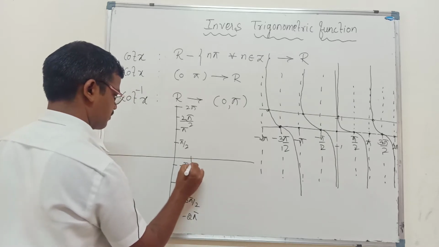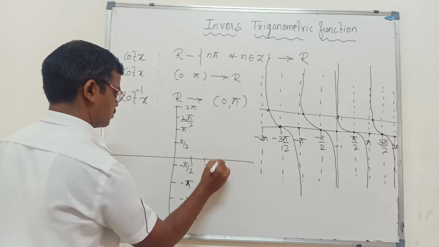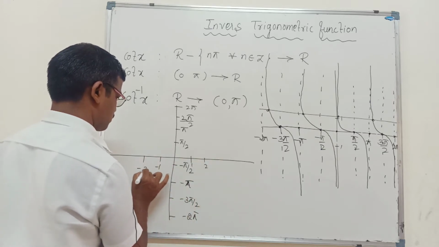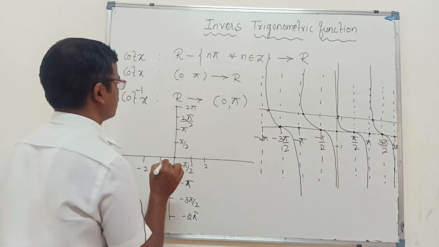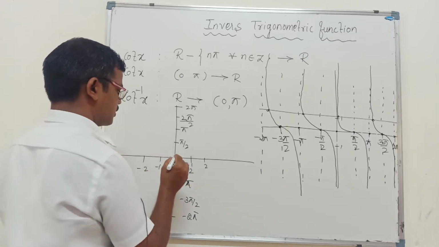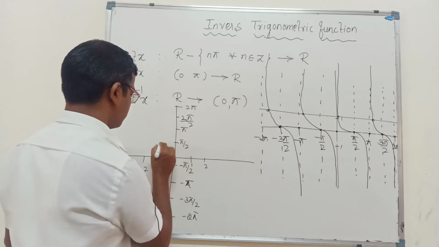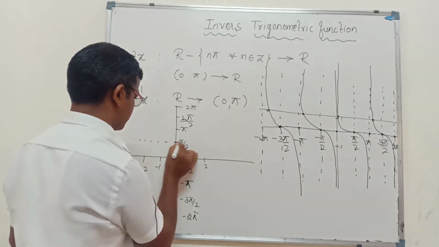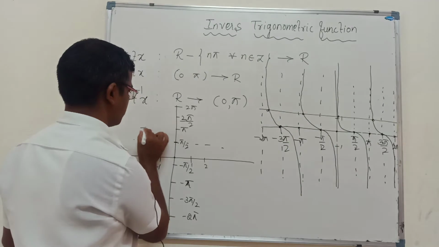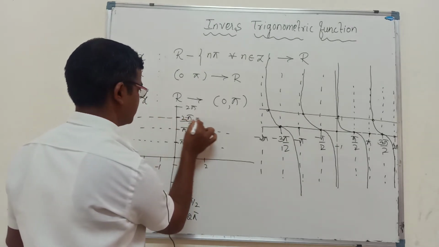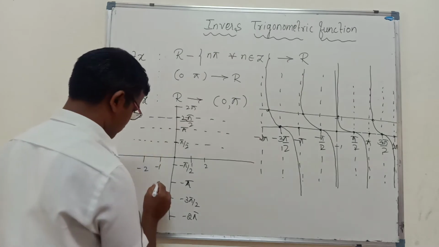So that is 1, 2, so on. 1, minus 1, minus 2, 0. So here if it is 0, then our function is defined. Here we divide, that is quadrant angles like this. So then it will become very easy for us to draw the graph of that.